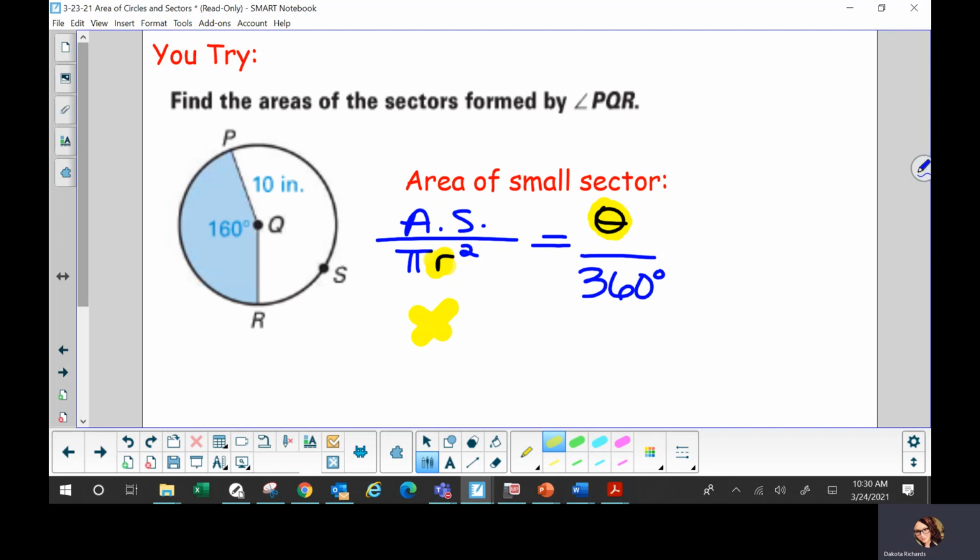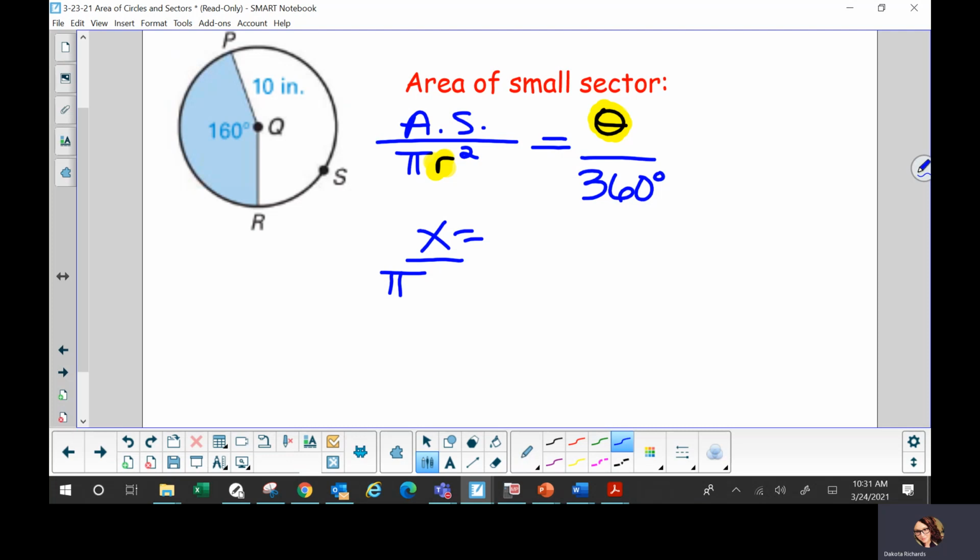Okay, so what is my radius? 10, thank you. So we're gonna have pi times 10 squared.